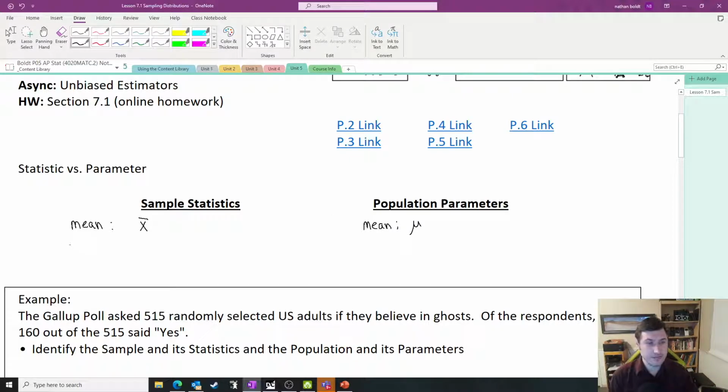And then the standard deviation. Again, English character, so that's usually S sub X. And the standard deviation for a population, we use the Greek, lowercase sigma.